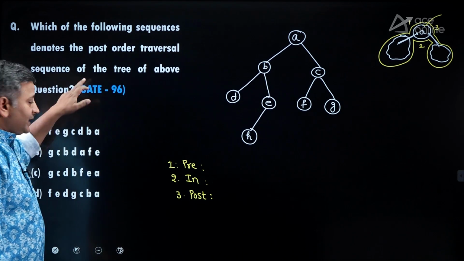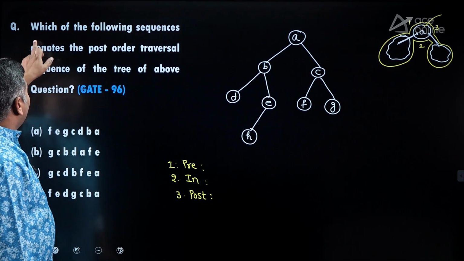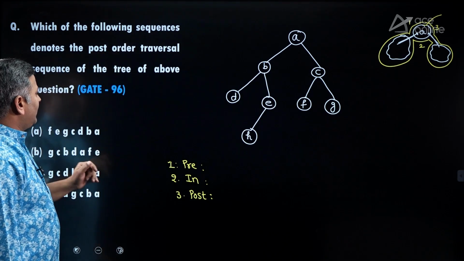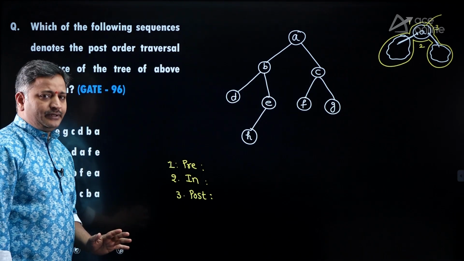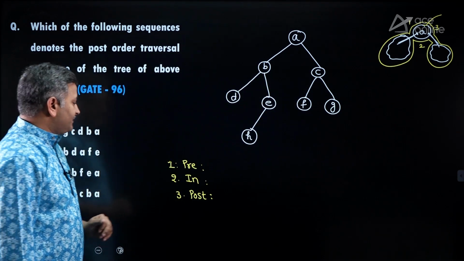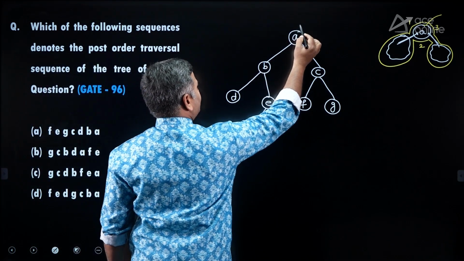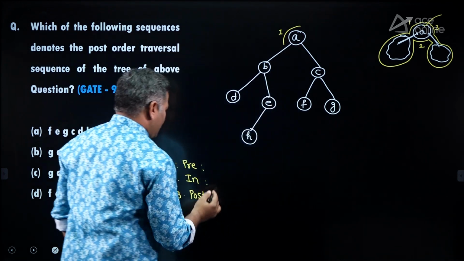So this is a model question, GATE 96 model question, friends. They provided one diagram. They're asking which of the following sequences denotes post-order traversal of the above tree. Actually, the tree is not printed here. I'm taking one random tree to explain this concept. Whatever answer you get here is not related to this question, friends. Please observe. Pre-order traversal means, whenever you are traversing the tree, the first time you are touching, you can write in pre-order.